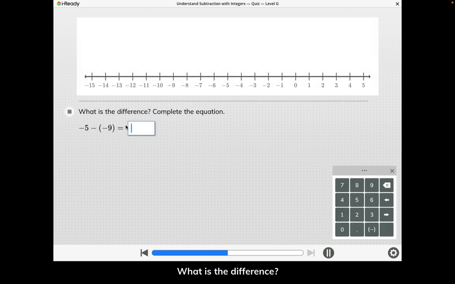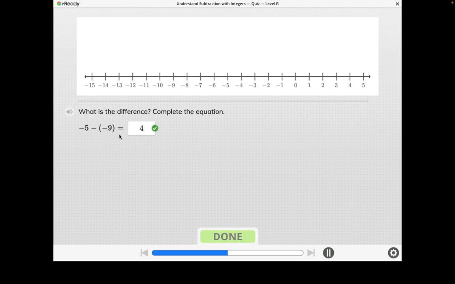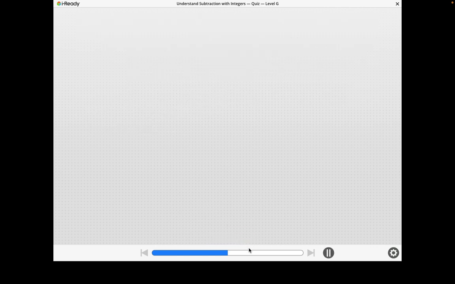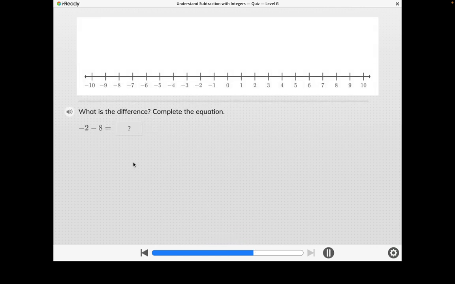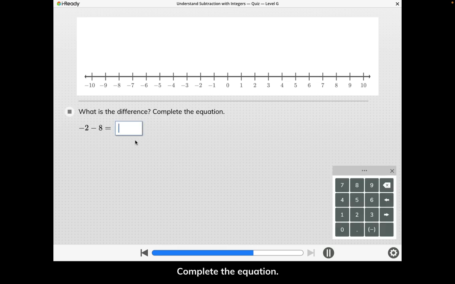What is the difference? Complete the equation. So negative 5 plus 9. So it's equal to 4. What is the difference? Complete the equation. Negative 2 plus negative 8. So it's going to be negative 10.